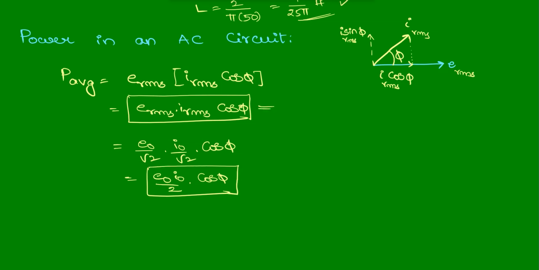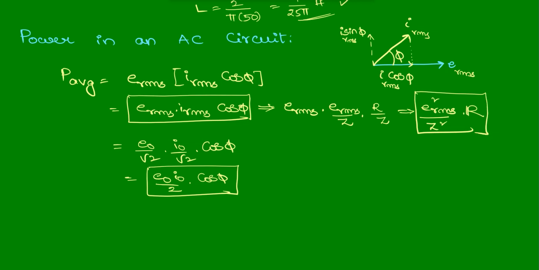And the same equation we can write like this also, E RMS into I RMS is nothing but E RMS by Z, and cos phi is nothing but R by Z. So that this will be equal to E RMS square by Z square into R. This is also important, this is one format.